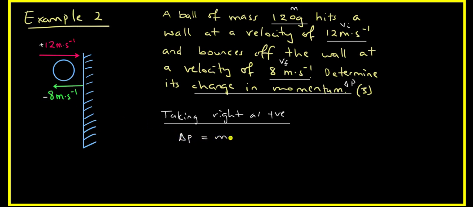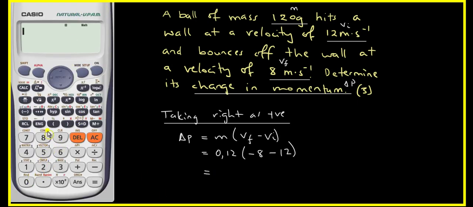Delta P is equal to m times v final minus v initial. The mass is in grams, so I need to change this one to kgs. I simply divide by 1,000, so that gives me 0.12 multiplied by the final velocity, which is -8, minus the initial velocity, which is positive.